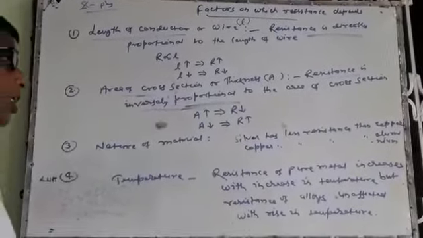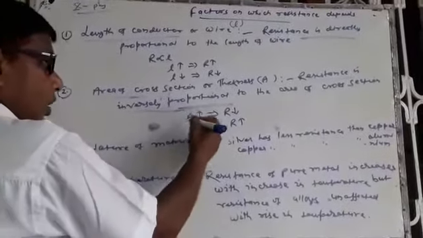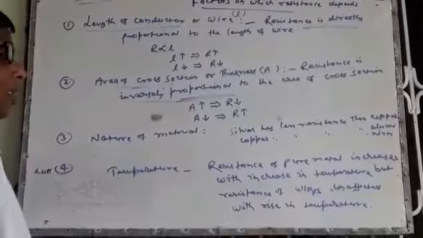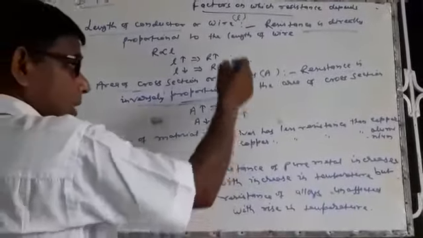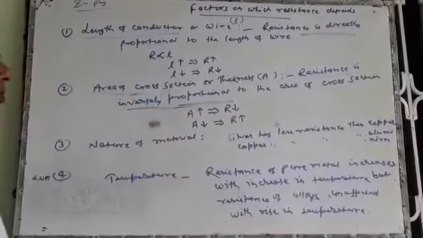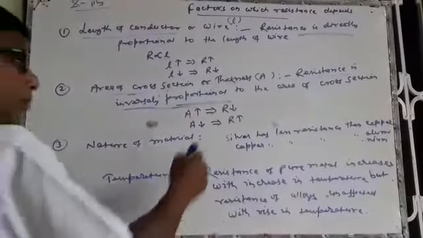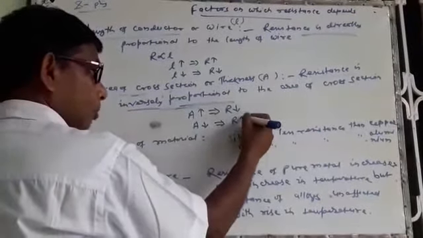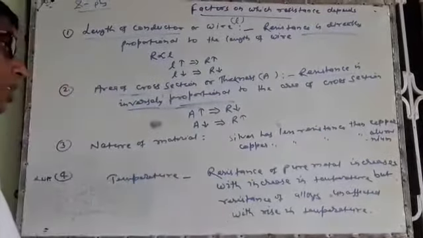That is the thickness. This means if the thickness of the wire is increased, resistance decreases because it is inversely proportional. If thickness of the wire is decreased, this implies that resistance of the conductor increases.